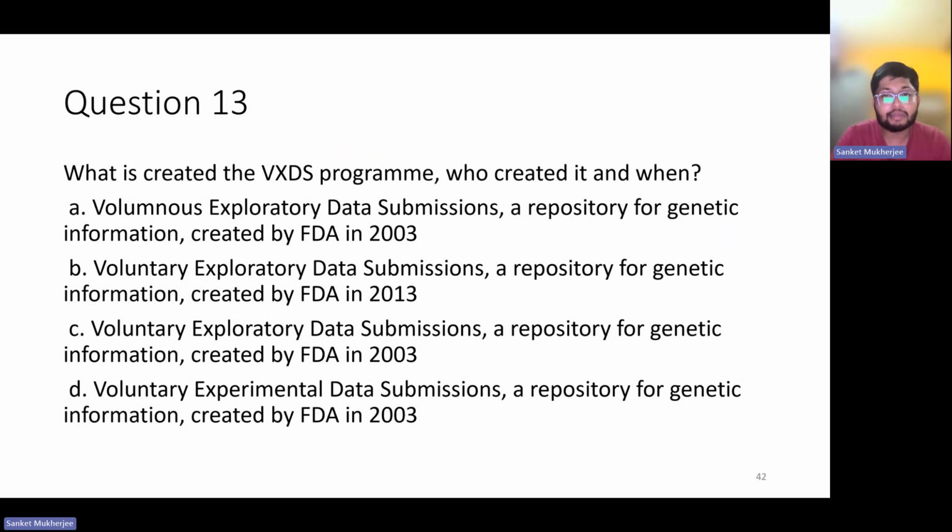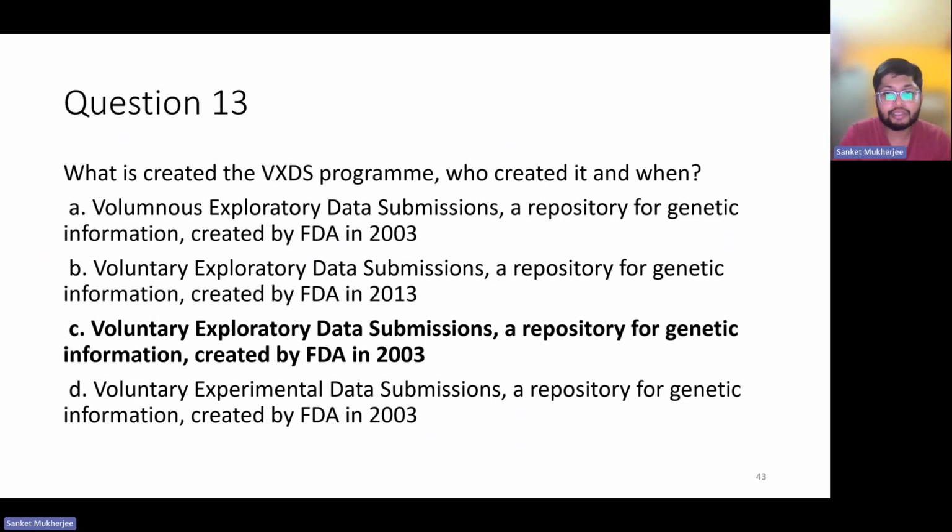Voluntary experimental data submissions, created by FDA in 2003? So it would be voluntary exploratory data submission, a repository for genetic information created by FDA in 2003.